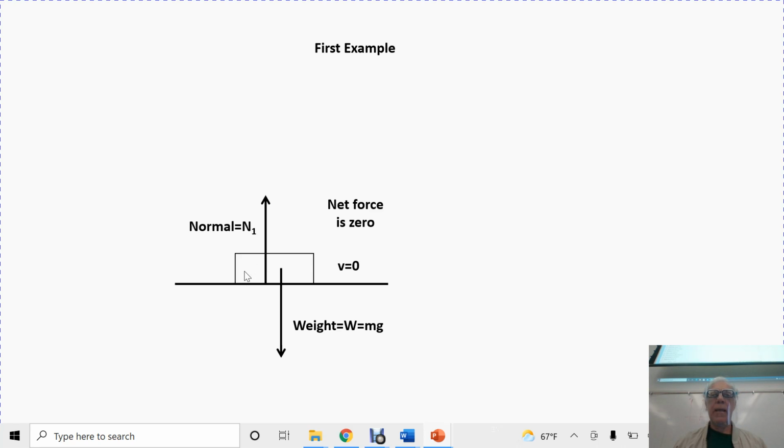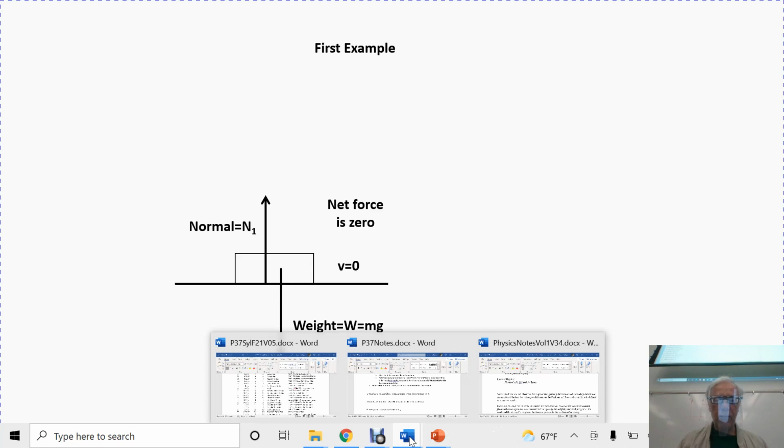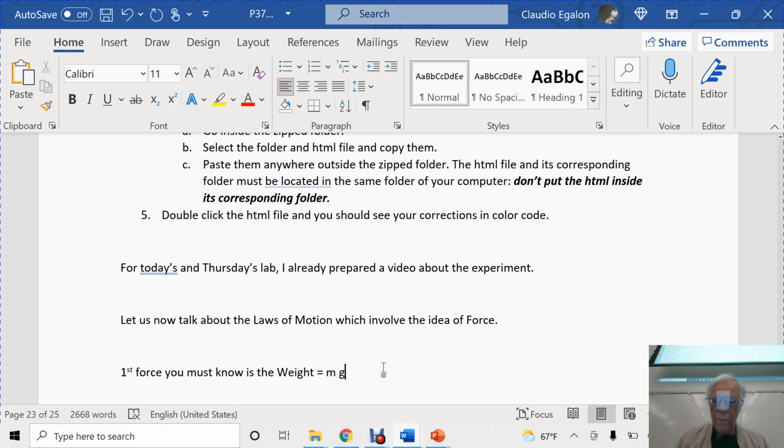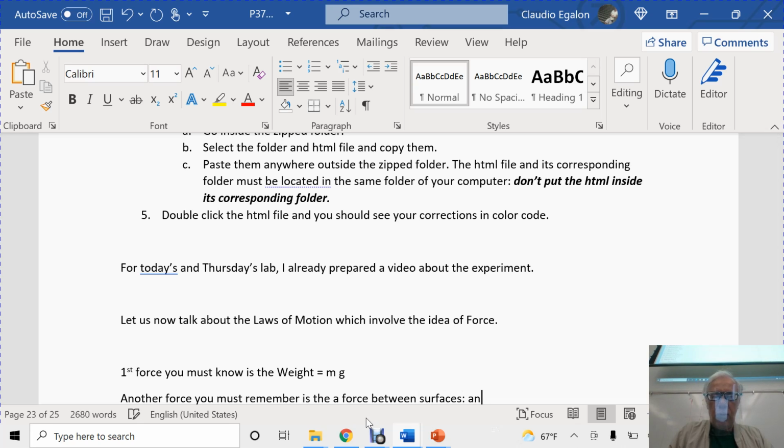Okay. So Newton's first law of motion states that if an object is at rest or moving with constant velocity, the net force is equal to 0. And that's an example of Newton's first law at play, whenever the object is at rest. So let's formulate Newton's first law. Another force you must remember is a force between surfaces, a normal force.